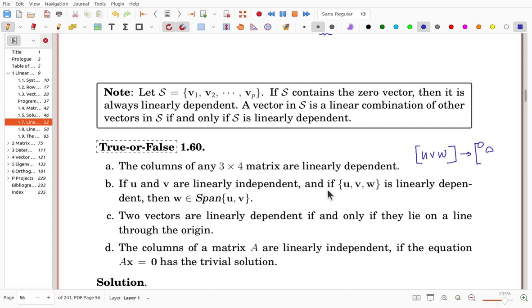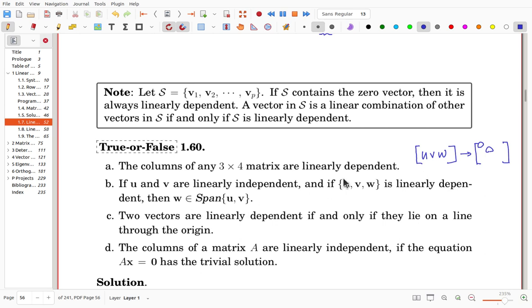But now U, V, W is linearly dependent, which means there's no further pivot in the third column. So we have at least one free variable, or at least one non-pivot column. In that case, the third column can be made using the first two, so W is a linear combination of U and V.